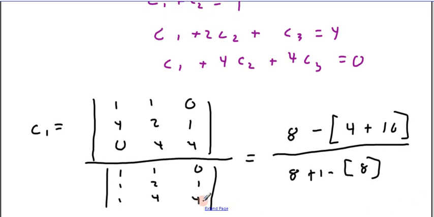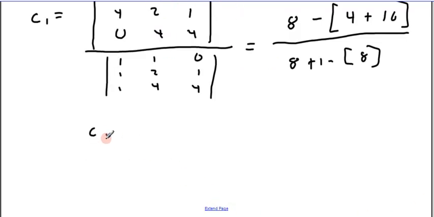So for c1, I get a 1 on the bottom, and minus 12 on the top. So c1 is going to be minus 12.